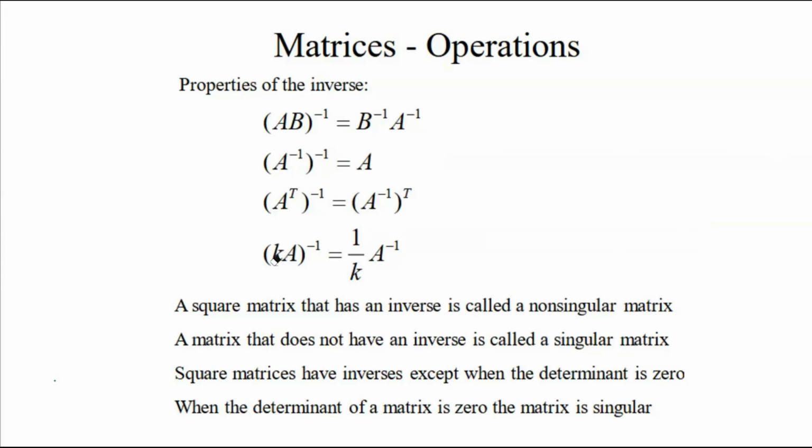And then if you multiply a matrix by a scalar constant, then find the inverse, it's equal to 1 over Q times the inverse of it. And these are all properties.